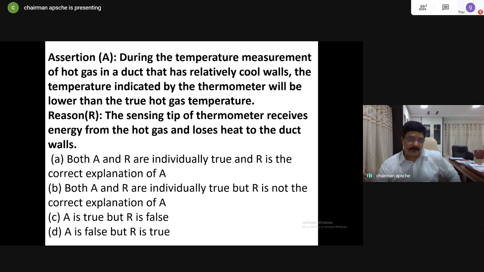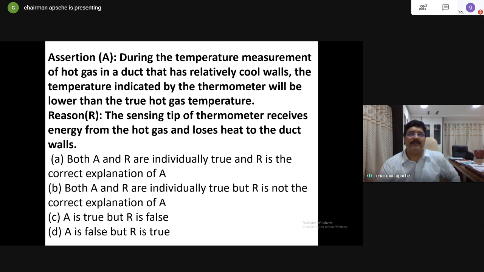That means this thermocouple is partly exposed to the duct and partly exposed to the fluid. A hot fluid, while sensing, tries to reach the temperature of the fluid, but at the same time, since the duct is also in contact, it gives away heat to the duct, and therefore the temperature the thermocouple measures will be erratic.